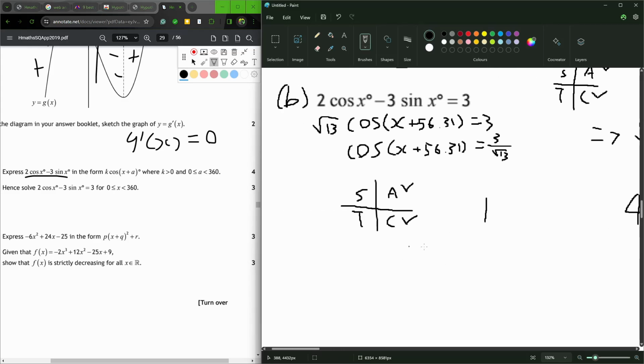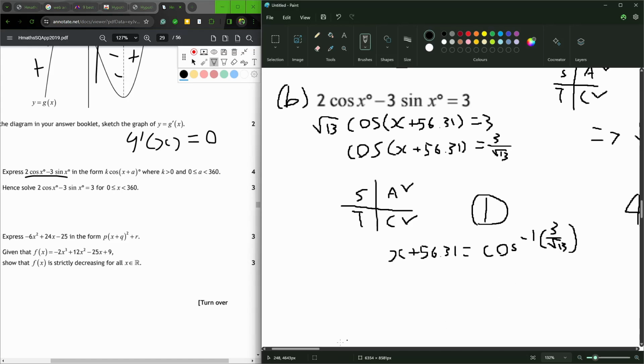So X plus 56.31, and in quadrant 1 it will be, I need to do an equal sign, sorry, inverse cos of 3 over root 13.